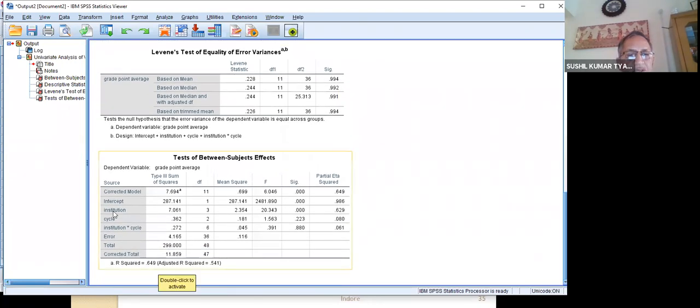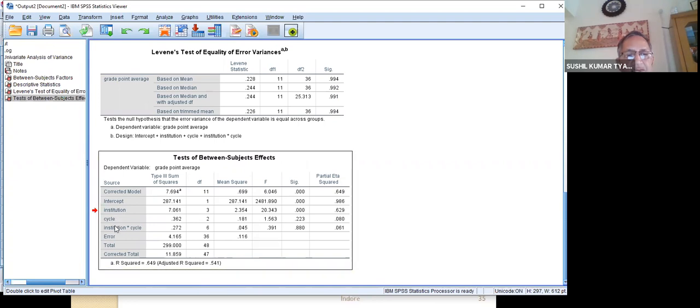Now, this is the main ANOVA. And we interpret institution, cycle, and their interaction, these three lines. For institution, the F value is 20.343. Naturally, I have taken such an example where the main factor is significant.